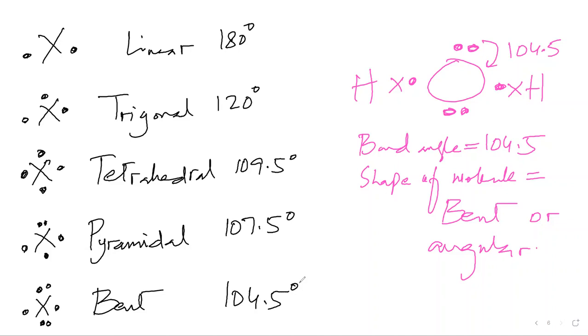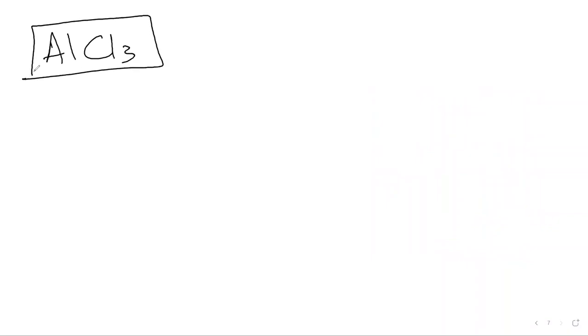Yes, Aliza and Harshil, is it clear for you? Yes, ma'am. And you have to learn some other examples. If I ask what kind of shape will be here for AlCl3 according to VSEPR?